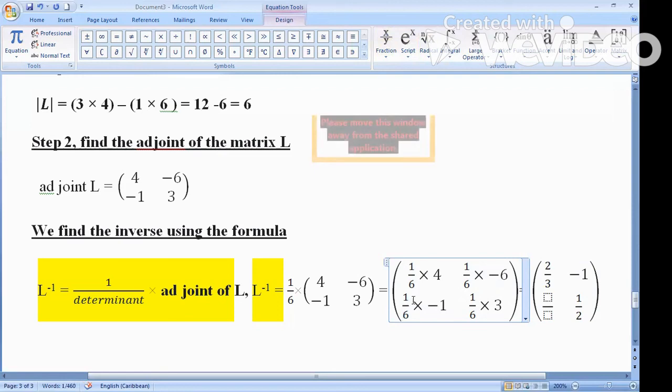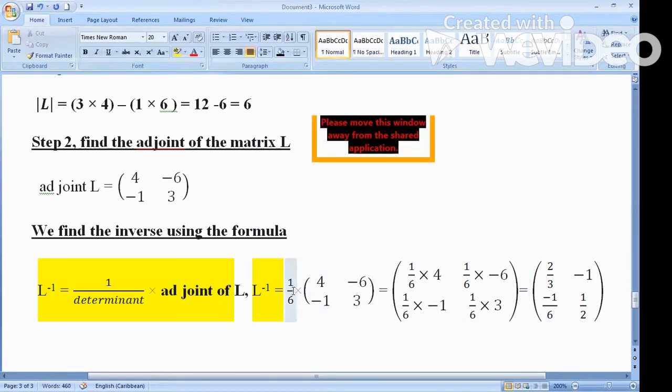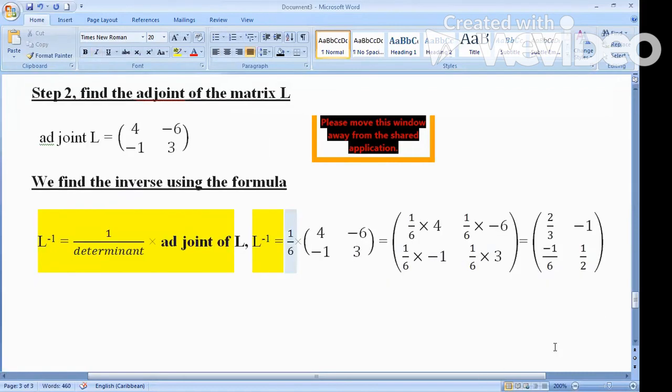So 1 times negative 1 is negative 1, and then the 6. Or if you have a calculator, you can convert it to a decimal and get the decimal equivalent. But I don't like decimals. And that's how you find the inverse of a 2 by 2 matrix.